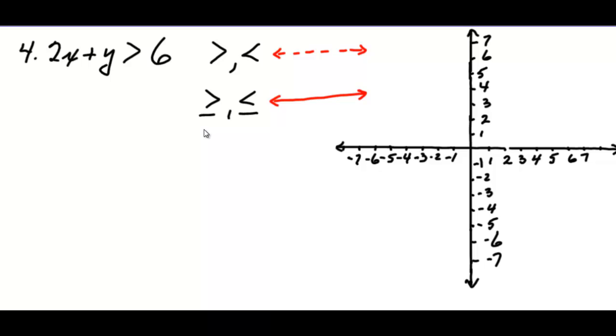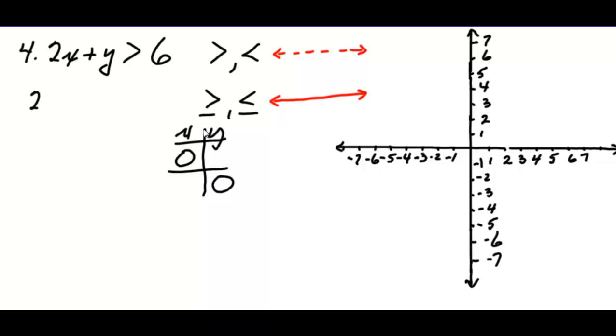What I like to do is set up the points x and y, where I cross the x-axis, y is 0, and where I cross the y-axis, x is 0. Then I'm going to plot just those 2 points, and I'm going to draw the linear portion of my inequality.